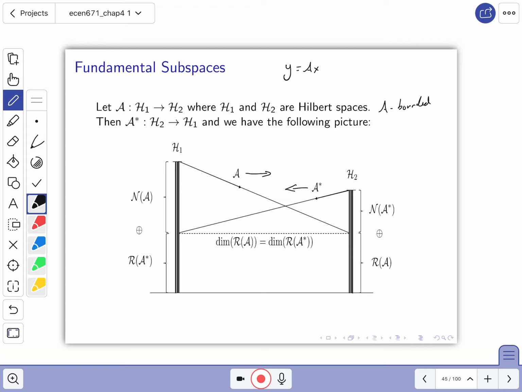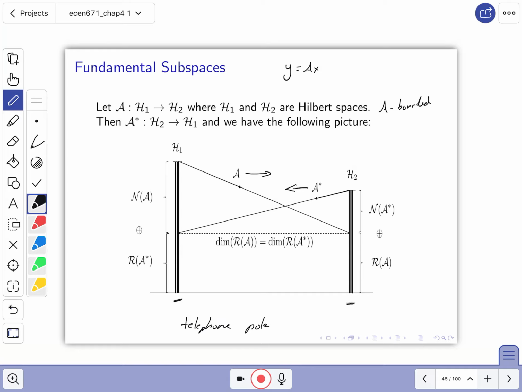And I'm going to use this little diagram to illustrate what's happening with these operator equations. I call this my telephone pole diagram, because we represent the Hilbert space H1 as this telephone pole, and the Hilbert space H2 is this telephone pole.